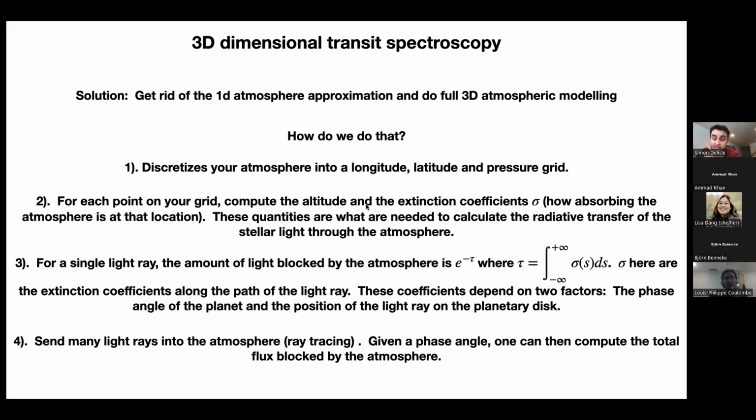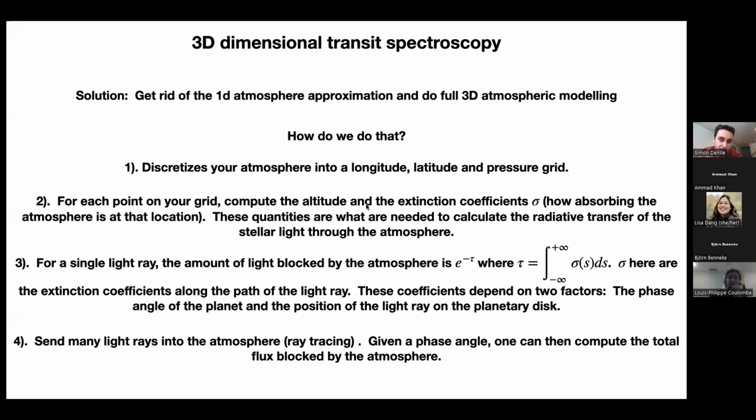What is different from a 1D model, though, is that the phase of the planet matters, because if you're at the mid transit time, or you're near the egress or near the ingress, the planet has rotated a bit. And so actually the light absorbed by that planet will change also, because you see a different side of it.